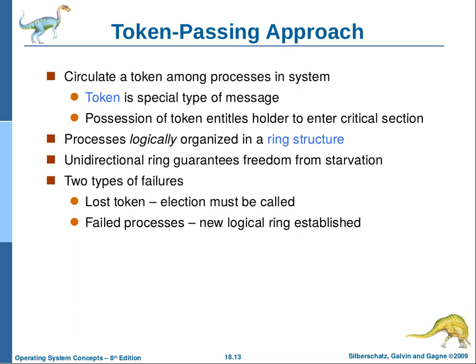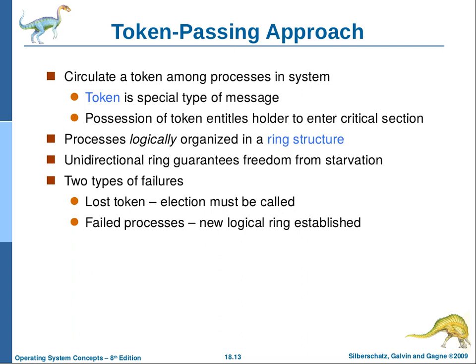And then P1 says, I don't have it, send it along. And P0's like, oh, I have the token. Has to decide whether to finally send it, and then eventually it goes back to P0. So you'll see what's going on here. Every time you want it, you have to do a full loop around the ring, but it's a lot simpler. Whoever has the token is able to do it.